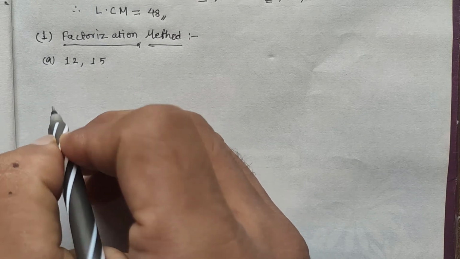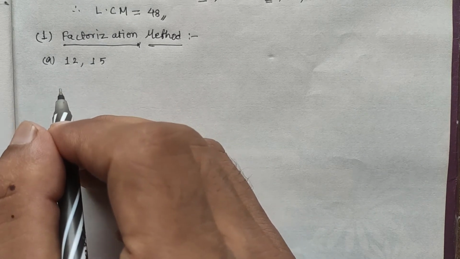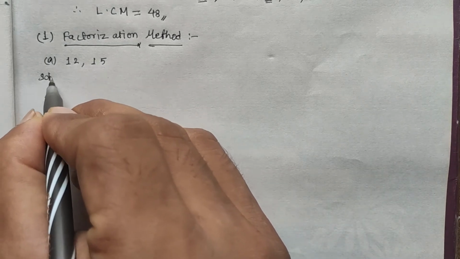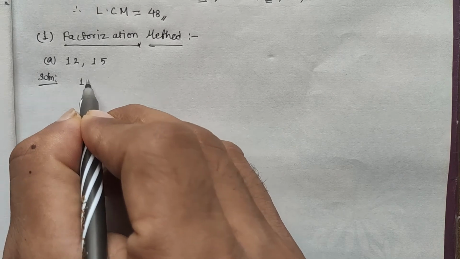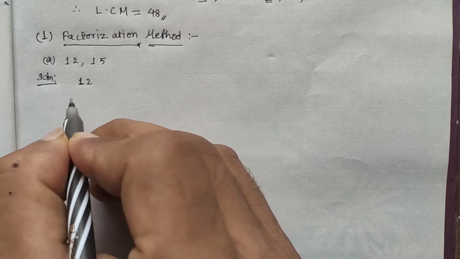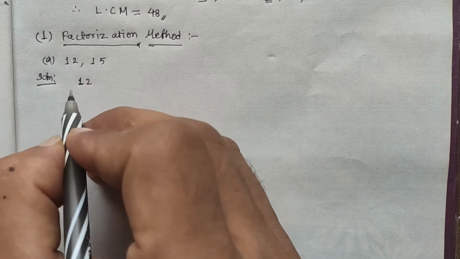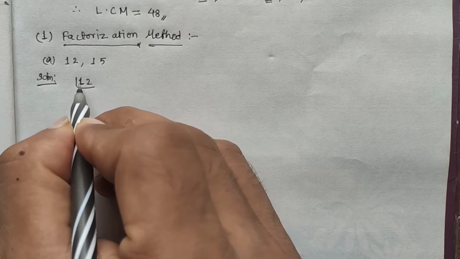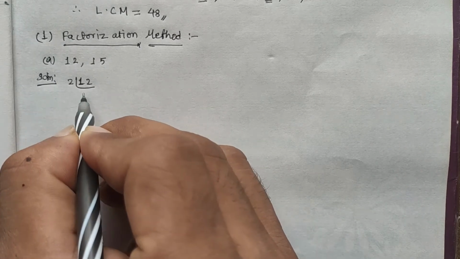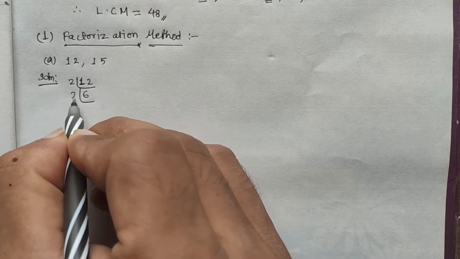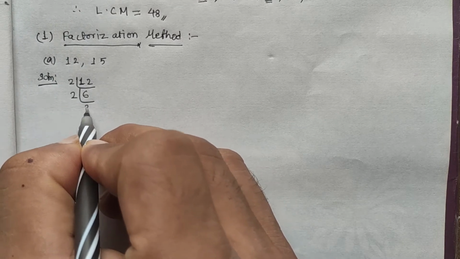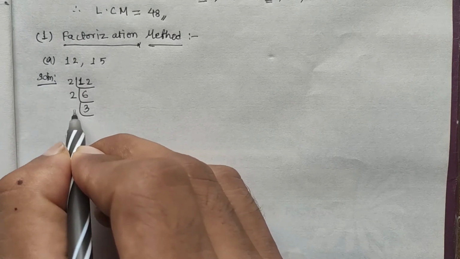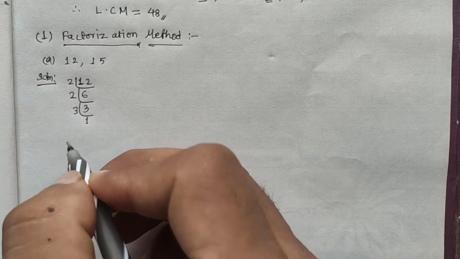We will find the prime factors. So find the prime factors of 12, as we have already discussed prime factorization in my previous videos. It is divisible by 2 times 6, and again 6 is divisible by 2 times 3. And 3 times 1 is 3.